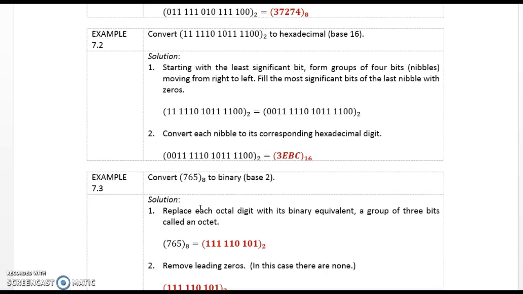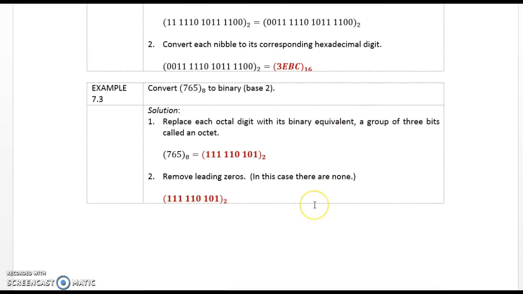The only difference is the most significant nibble has 0011 instead of being a truncated just 11. Convert each nibble to its corresponding hexadecimal digit. 0011 is a 3. 1110 is an E, as in Easy. 1011 is a B, as in Baker, and 1100 is a C, as in Charlie.